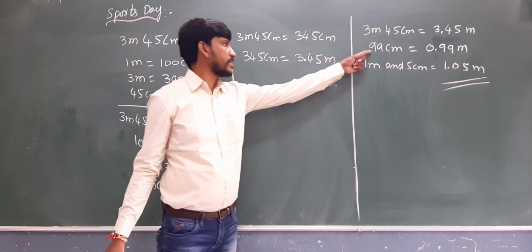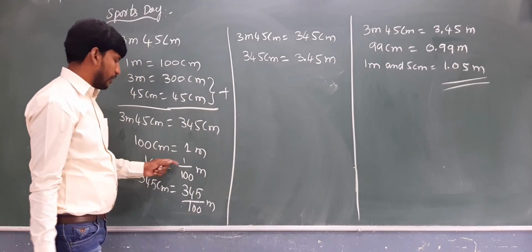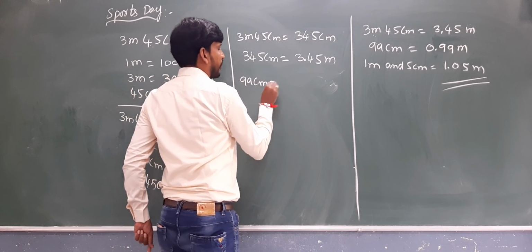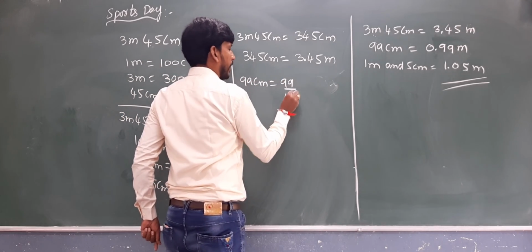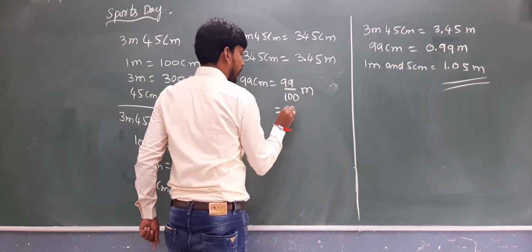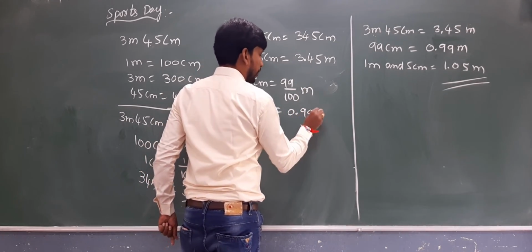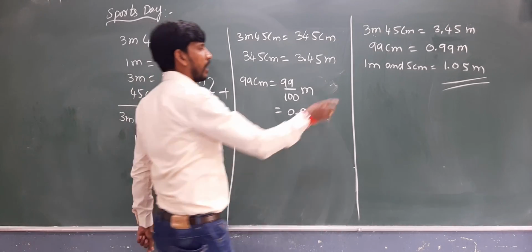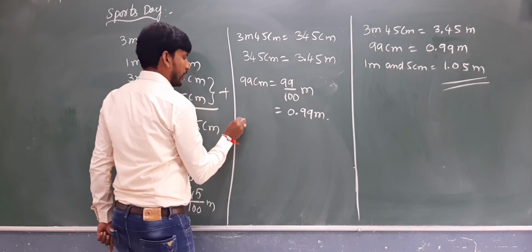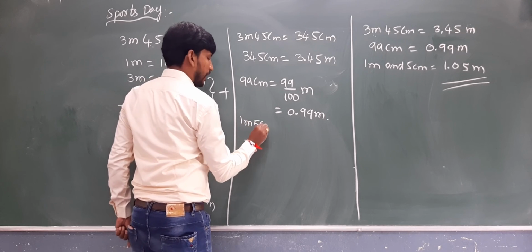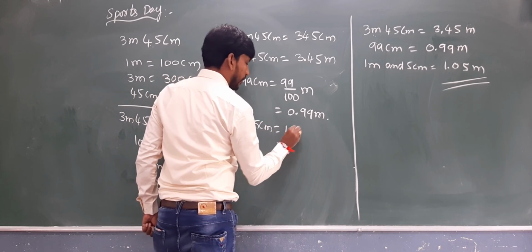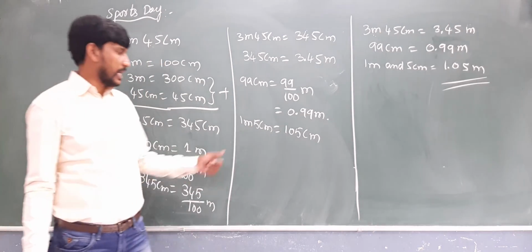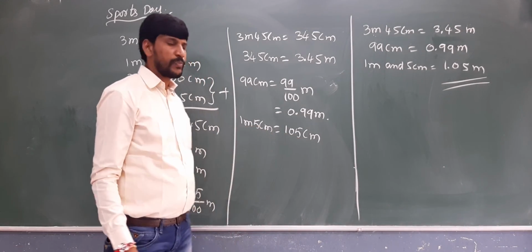Next, same thing, 99 centimeters. See, already 1 centimeter equals 1 by 100 meters. Now, 99 centimeters equals 99 by 100 meters, which is equal to 0.99 meters. Clear, my dears? Now, here 1 meter 5 centimeters can be written as 105 centimeters, because 1 meter equals 100 centimeters, and 100 plus 5 equals 105 centimeters.